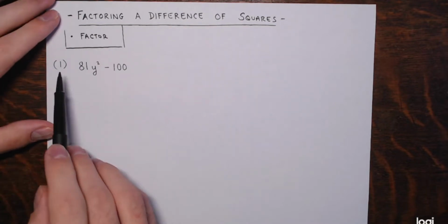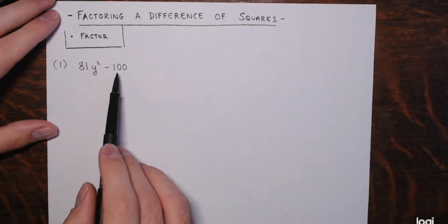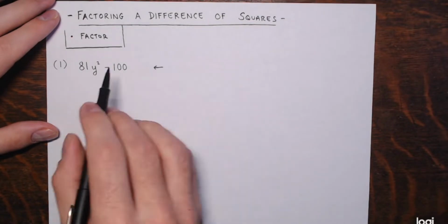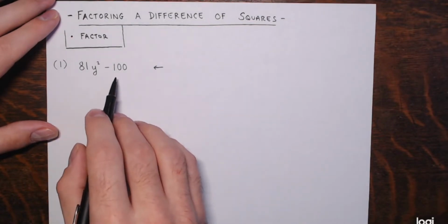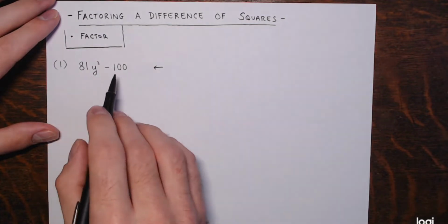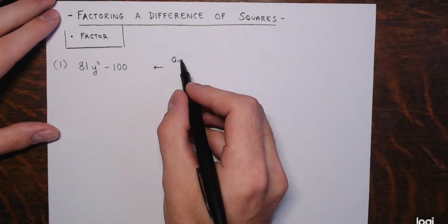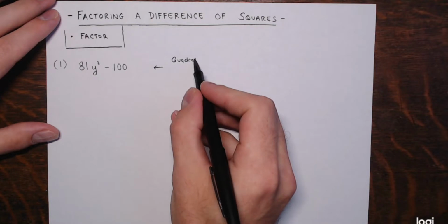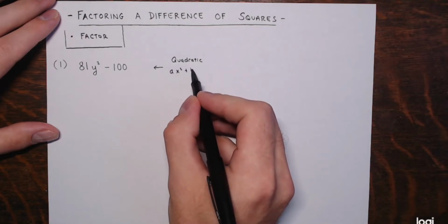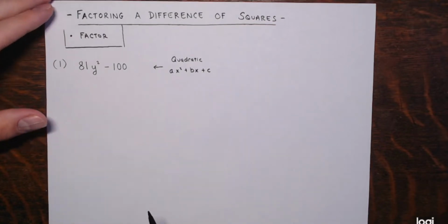So first here we have 81y squared minus 100. Now, this is a quadratic polynomial. You have the highest power on the variable as the second power, there's a constant term here, and this is a quadratic, like a times x squared plus b times x plus c, but instead of the variable being x, it's y.